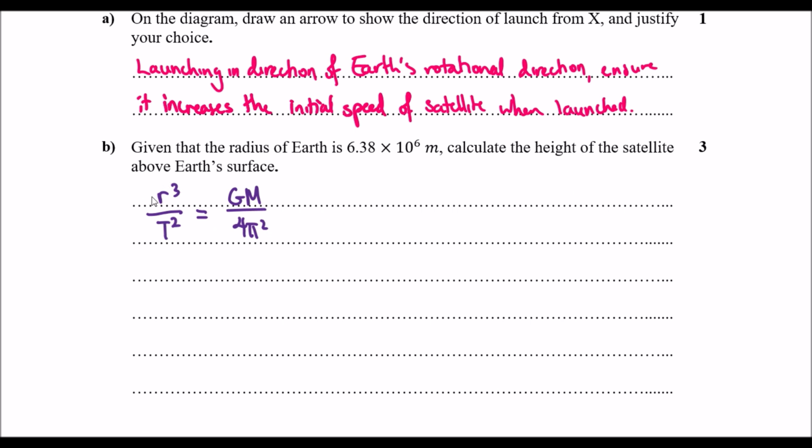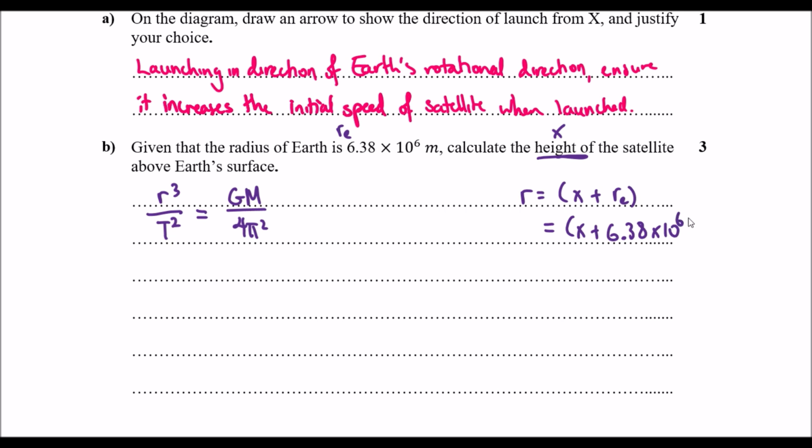We're going to say the value of R is the height, which we'll call x, plus the radius of Earth.